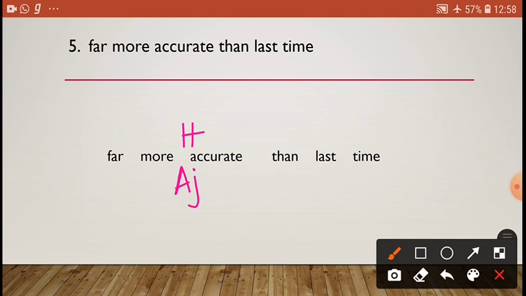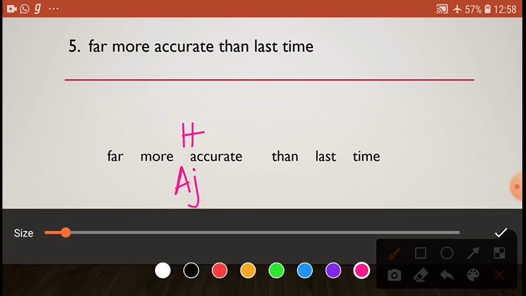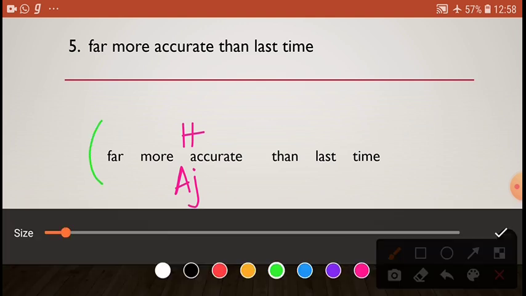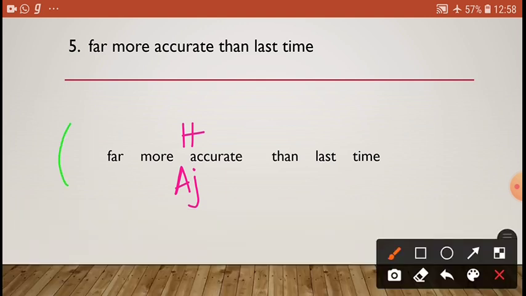As this is the head word, we can say that this is an adjective phrase. What is the function of far here, and the form label of far?